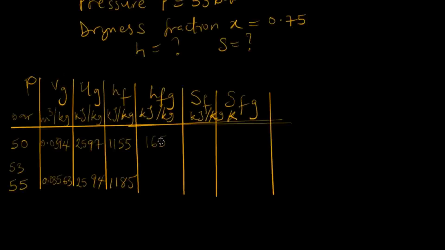And at 55 bar, HFG is 1605. For the SF, the liquid entropy, we have 2.921 at 50 bar and 2.976 at 55 bar.